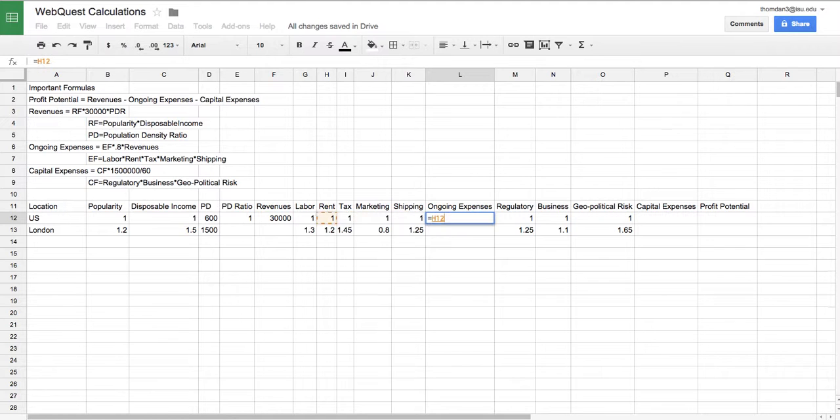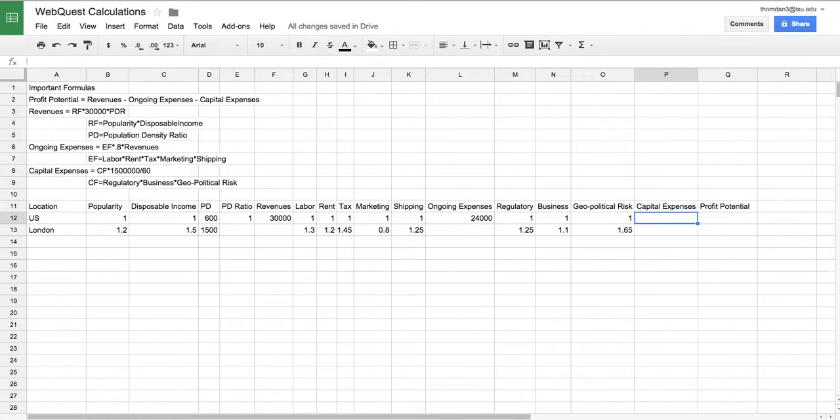So it's equal to my labor factor times my rent factor times my tax factor times my marketing factor times my shipping factor times 0.8, okay, there we go, and that is times my revenues. This all depends upon my revenues, and I should get 24,000, and I did.